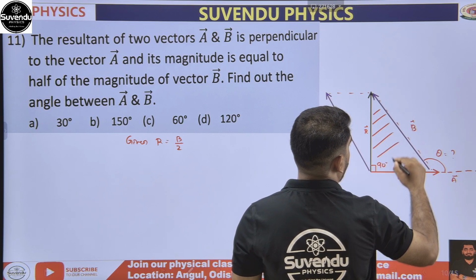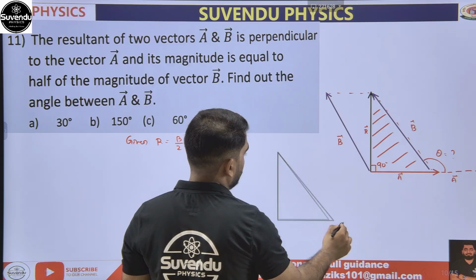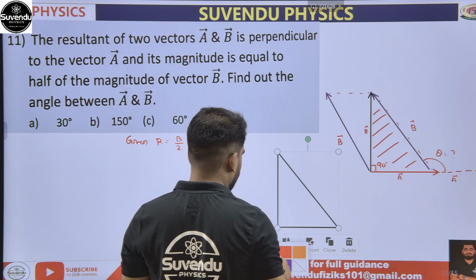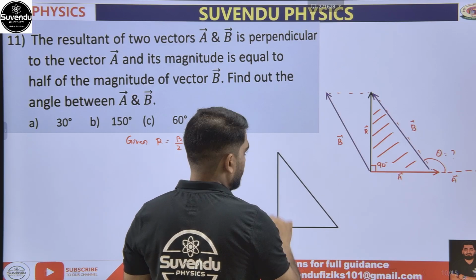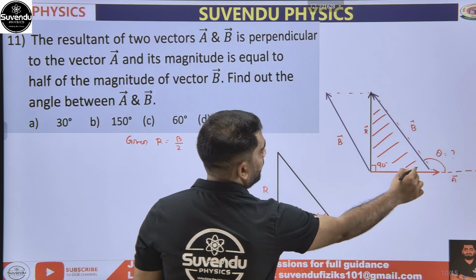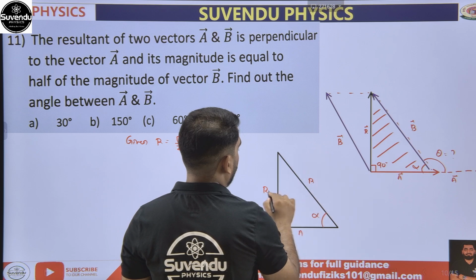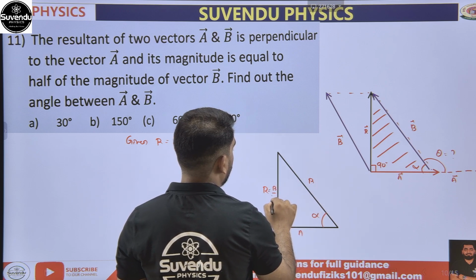Now consider this right angle. How to find it? Consider this right angle. In this right angle, this is r, let this angle be alpha, and this is a, this is b, and r is mentioned b by 2.